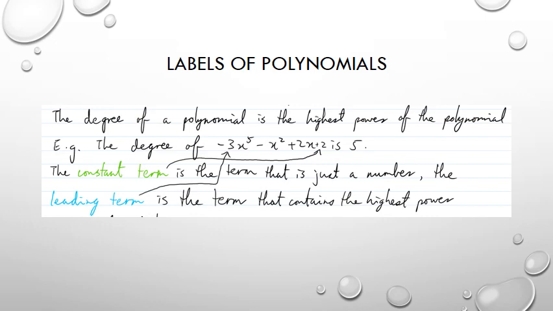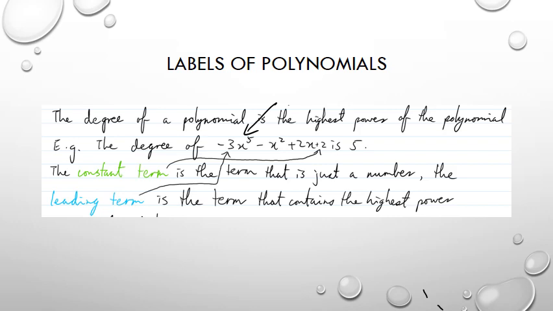Alright, so there's 3 parts of the polynomial. The degree of the polynomial is going to be the highest power. So in this case, this one will be a 5. The constant term is where it's just a number.